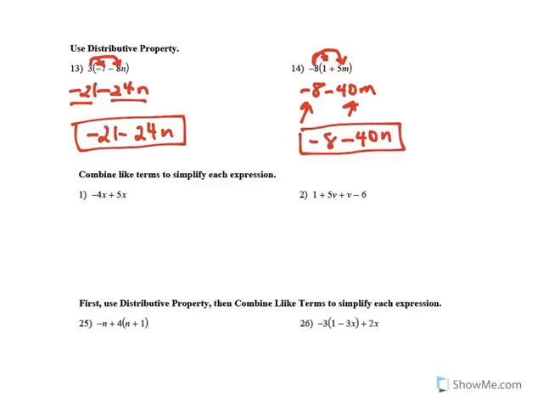Let's move on to the next 2. It says combine like terms to simplify each expression. So here we need to identify the like terms and then combine them to simplify the expression. These are some juicy words in here. Remember, like terms are terms that have the same variable and the same exponent.